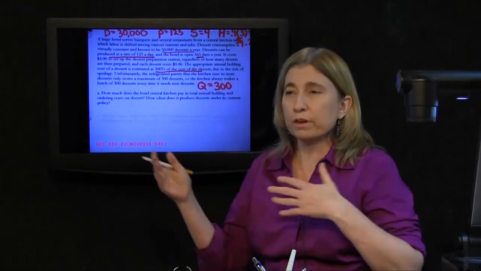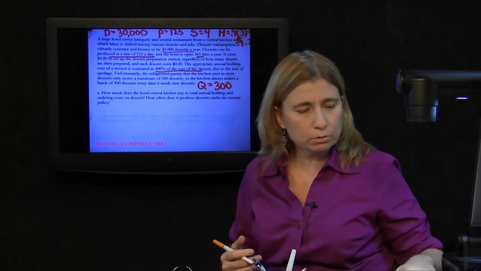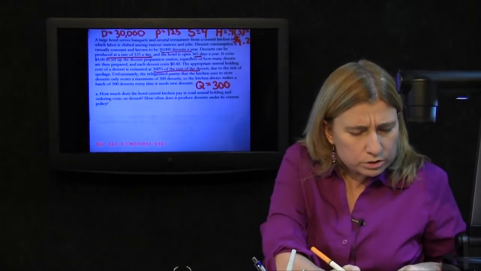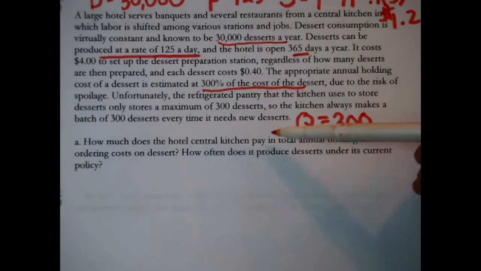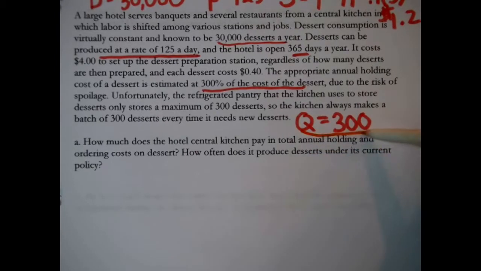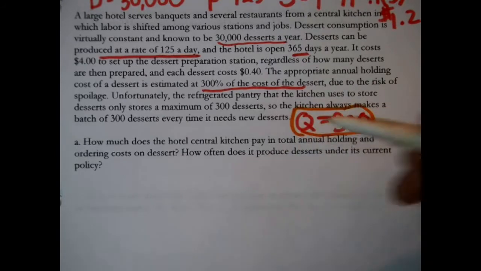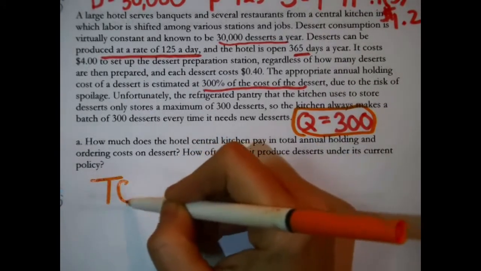Okay, now, if they've already decided that, what's the question? How much does the Hotel Central kitchen pay in total annual holding and ordering costs on dessert? How often does it produce desserts under its current policy? They have already decided. We just need to figure out the cost.